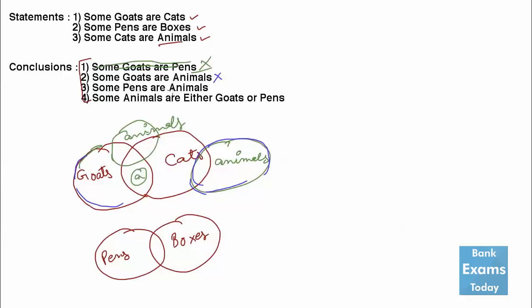Some pens are animals. There is no relation between the pens boxes with this graph, so cut it out. Some of the animals are either goats or pens. Here are the diagrams for the animals. So animals can be this circle or this circle or this circle. So we can't conclude the fourth conclusion as well. So none of the conclusions follow.